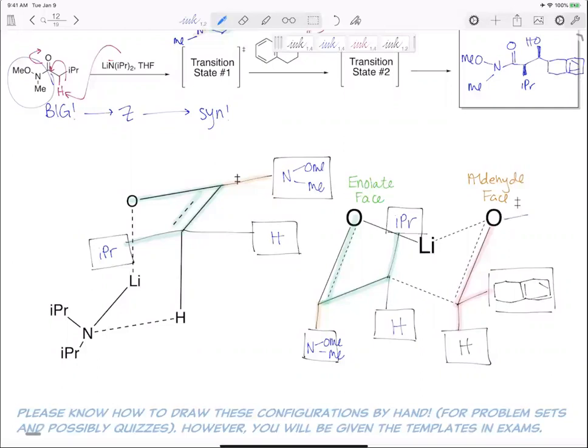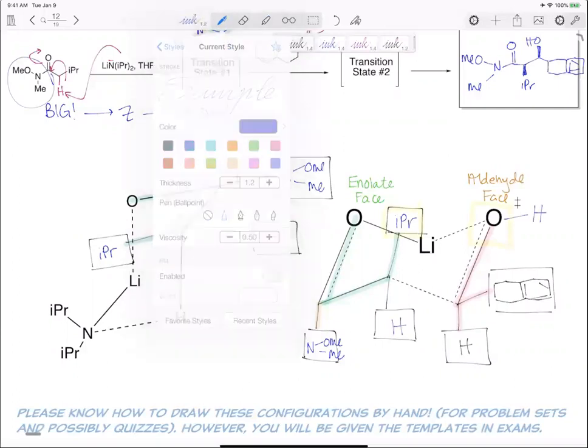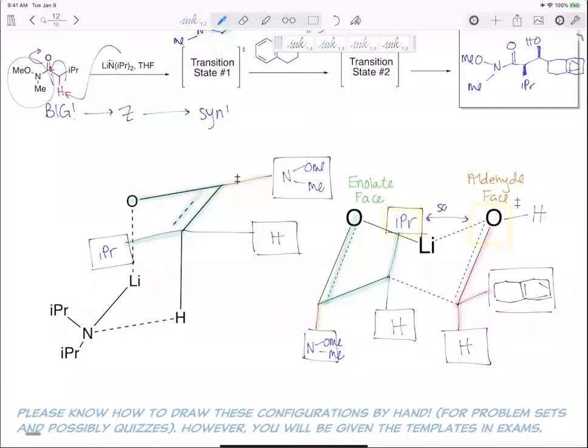So always remember the aldehyde phase is where my OH is going to be. And you take another marker and ask yourself, okay, do you see that the isopropyl here and the oxygen here are on the same phase? This would be probably quiz 7 material, right? So because you're on the same phase, what can you say about them?